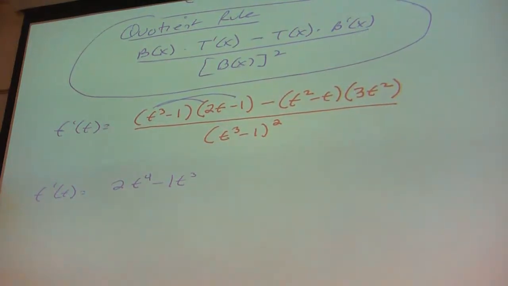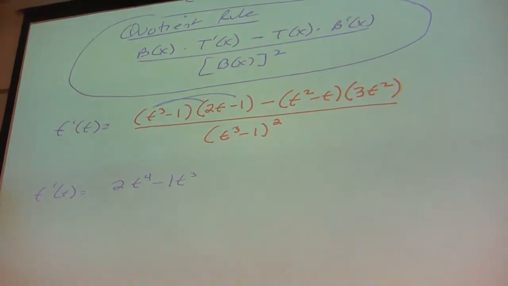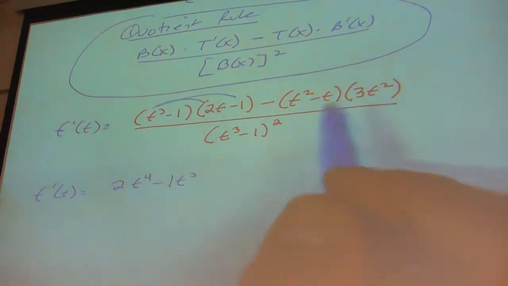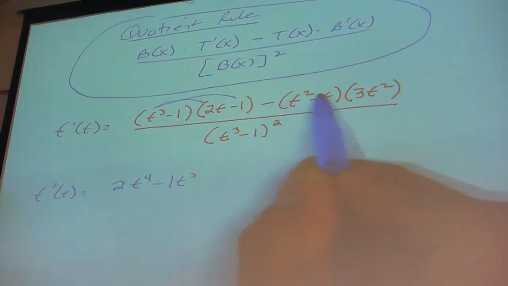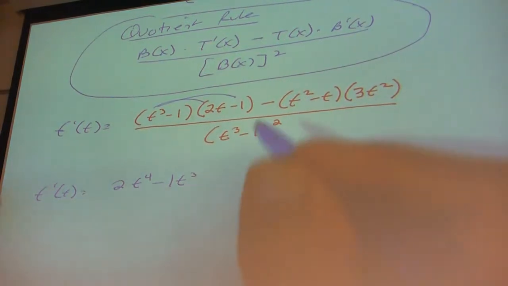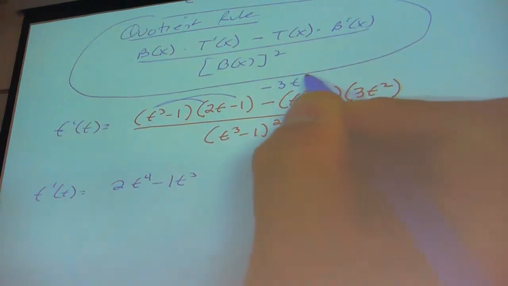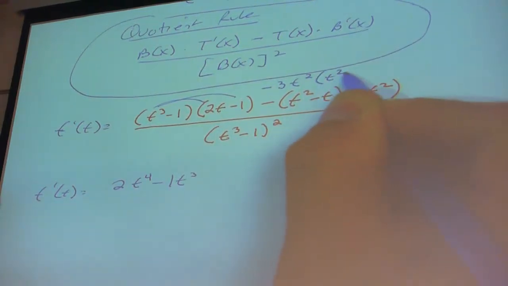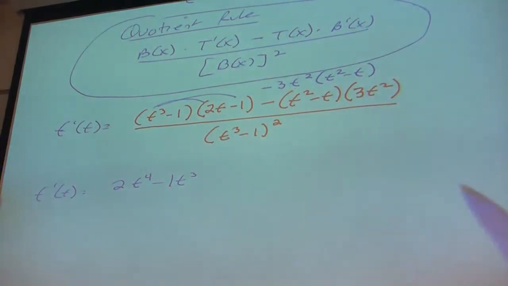So look up just for a second. Here's a common mistake people make. We have to distribute the minus, and we have to distribute the 3t squared. We have to distribute both. So I'm going to save a little time by putting minus 3t squared in front, distributing the minus and the 3t squared at the same time.